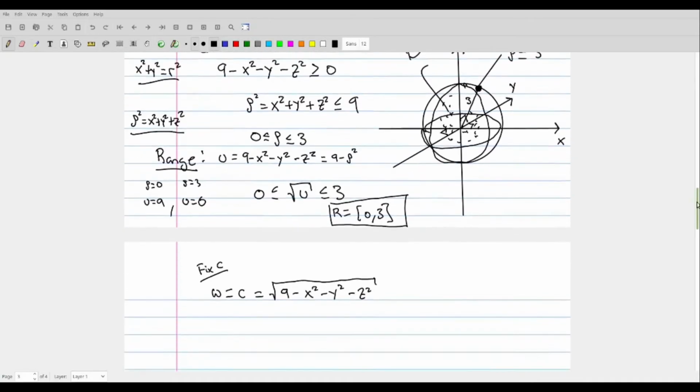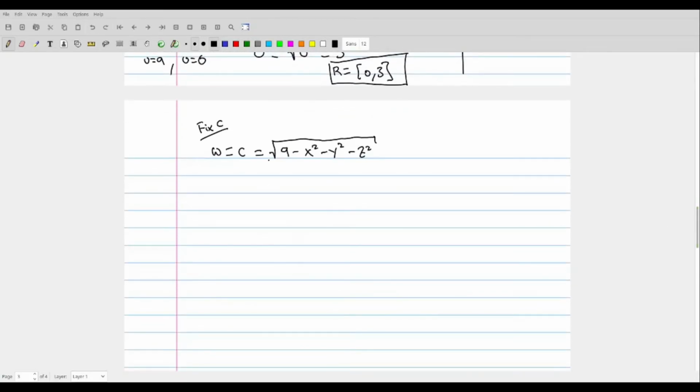And to get an idea of what this is going to look like, we can rewrite this equality a little bit by squaring both sides. So we get c squared is equal to 9 minus x squared minus y squared minus z squared.